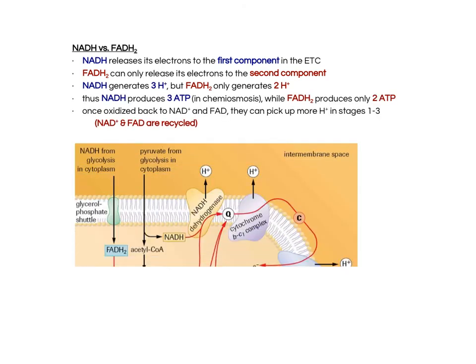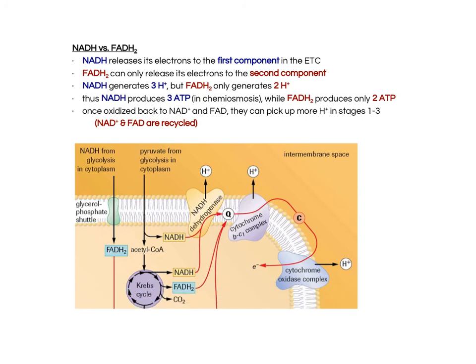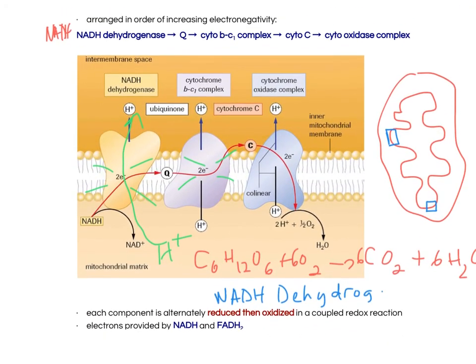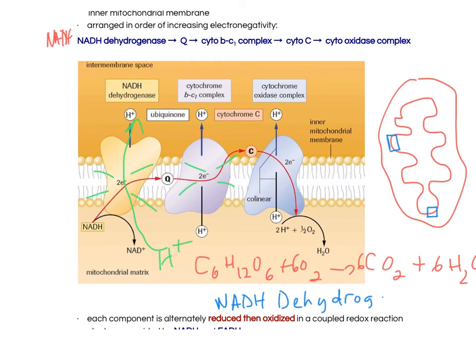I'm going to pull out a picture here so you'll see this in real time. Actually, I think I'm going to just scale back to the last diagram. Let me pull that up. There, that's better. If we have FADH2 only coming in here at that second stage, then how many protons is it going to be able to pump into that matrix?